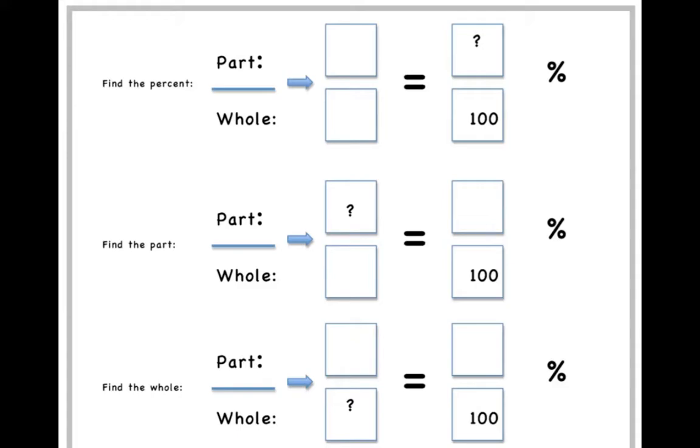If you are finding the percent, you put your part and your whole right here and here, and your question mark goes here. That's what's missing. If you're finding the part, your question mark goes here, and you'll fill in your whole and your percent. If you're finding the whole, you fill in your part and your percent, and your question mark goes here, and then you solve using your percent proportion.